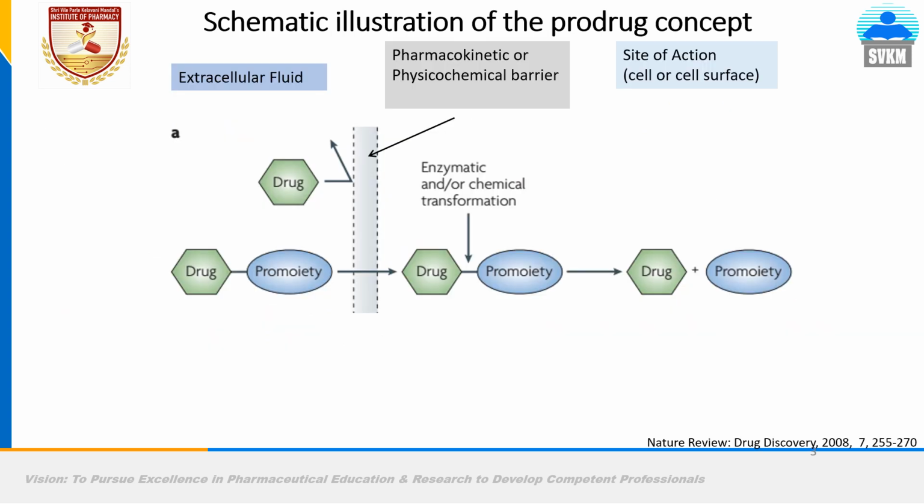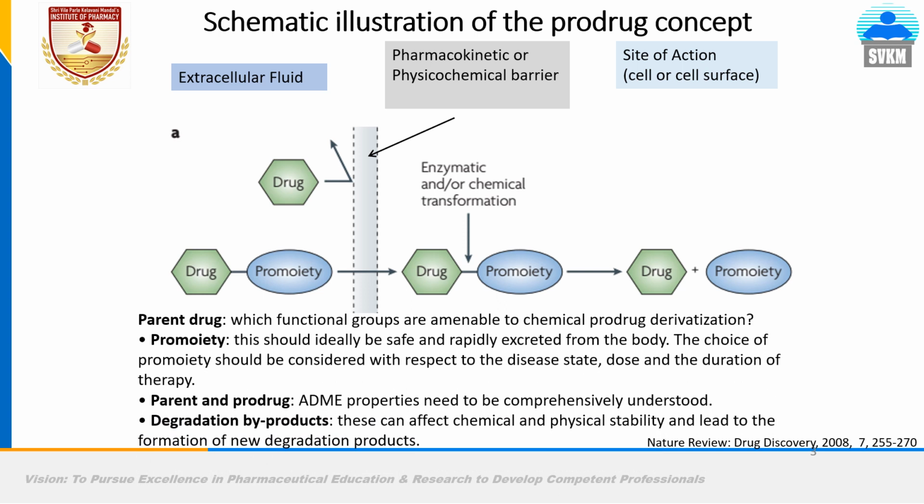If we see the concept of prodrug design, we are attaching a pro-moiety to the drug. The pro-moiety can be attached by a linker or directly to the parent drug. When we select a pro-moiety, it should be safe, rapidly excreted from the body, rapidly metabolized, and should not produce any toxic effect.